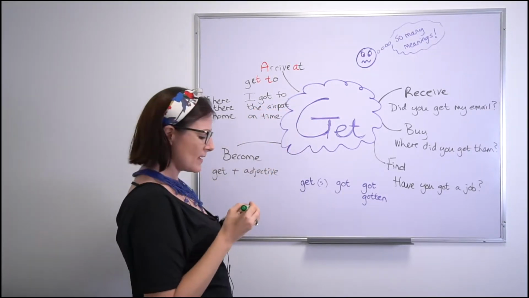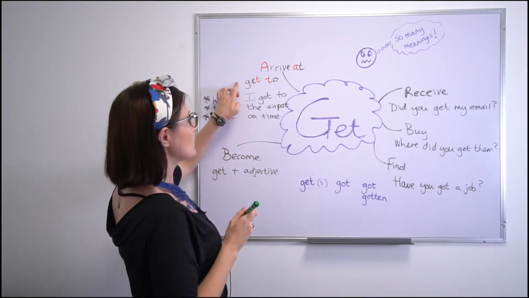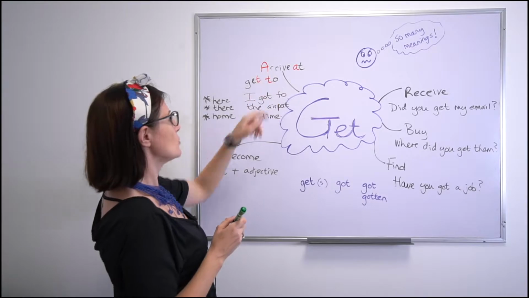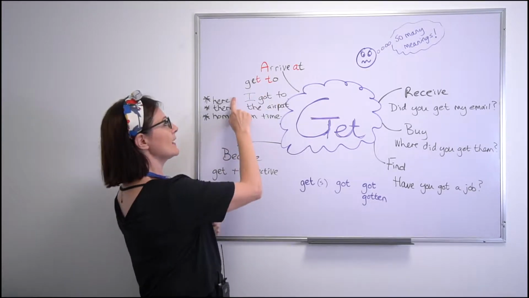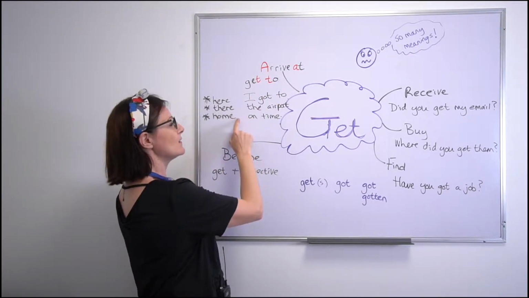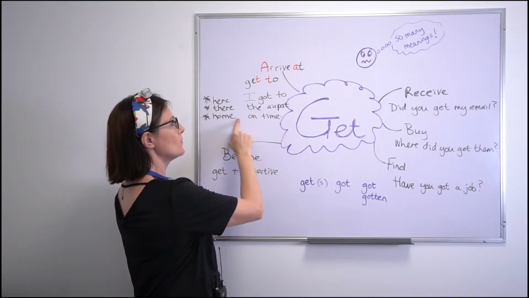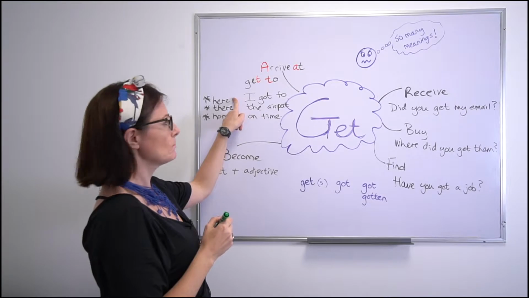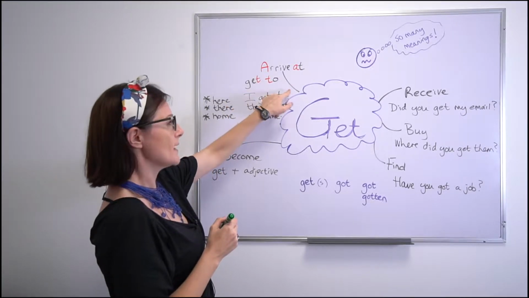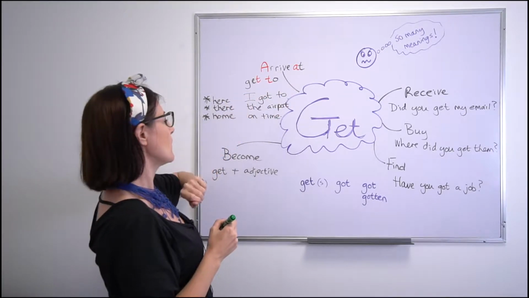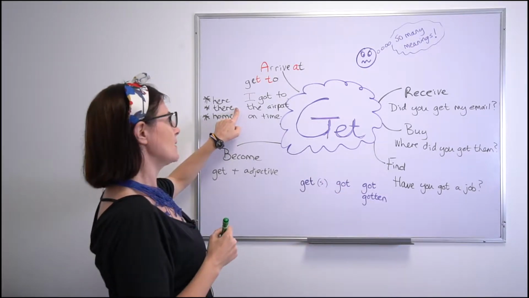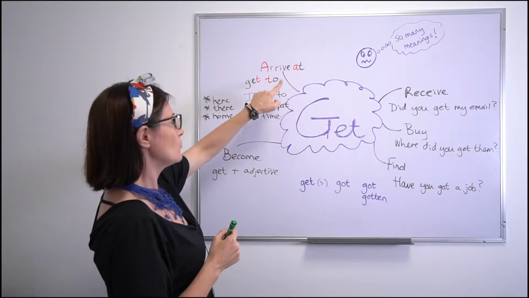There is one more thing that you must remember with get when it means arrive. We don't use the preposition to for the words here, there and home. For example, we got here on time, not we got to here. We will get there on time, not we will get to there.